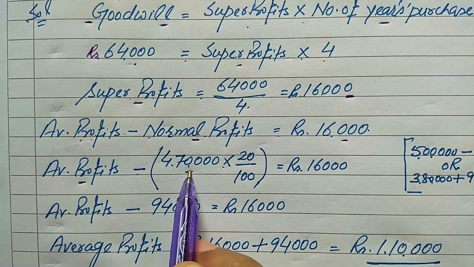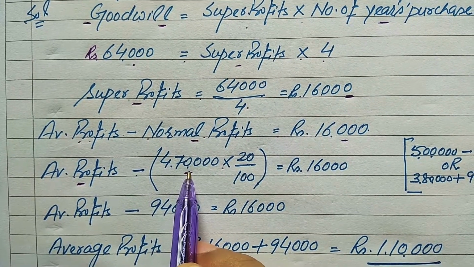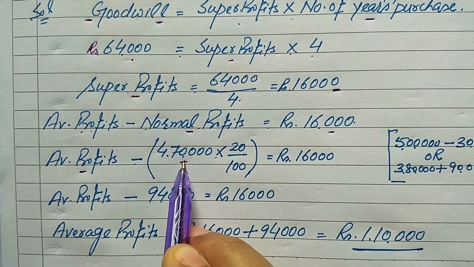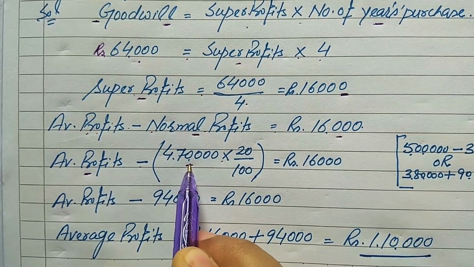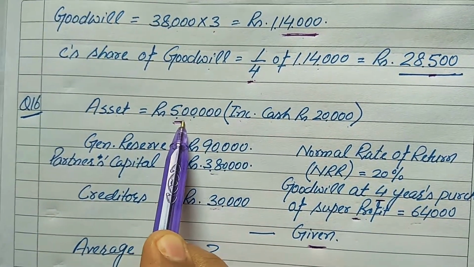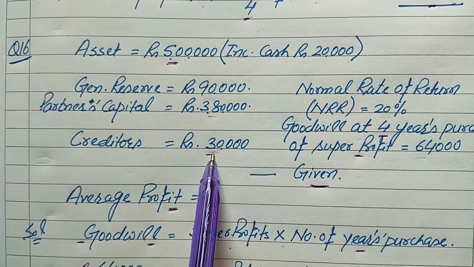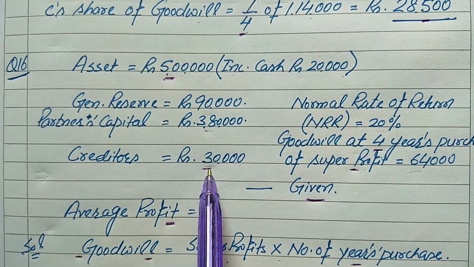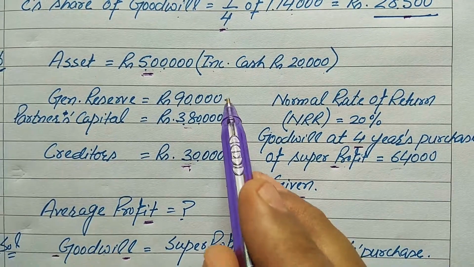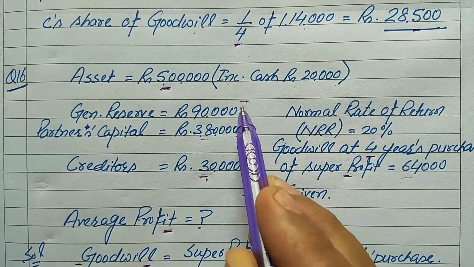Capital invested is not directly given in the question, and the formula for calculating capital invested is either total valuable assets minus external liabilities. Here total valuable assets are 5 lakh, external liability is 30,000. So 5 lakh minus 30,000 is 4,70,000. Or the second formula is capital plus reserve and surplus.